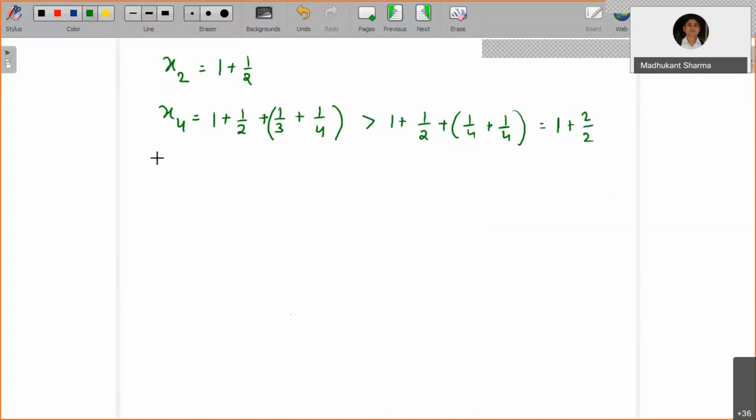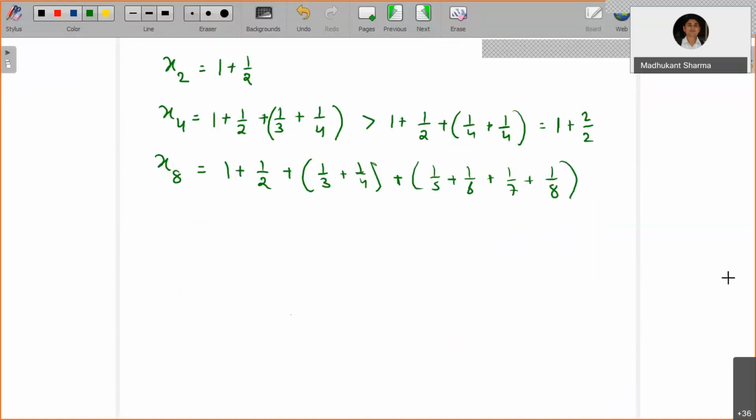Now if you go for x8, this is going to be 1 plus 1 by 2 plus 1 by 3 plus 1 by 4 plus 1 by 5 plus 1 by 6 plus 1 by 7 plus 1 by 8, which is certainly greater than 1 plus 1 by 2 plus 1 by 4 plus 1 by 4, plus, since each term is greater than 1 by 8, 1 by 8 plus 1 by 8 plus 1 by 8 plus 1 by 8.